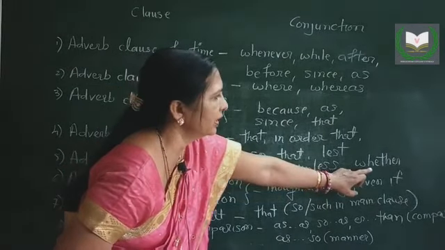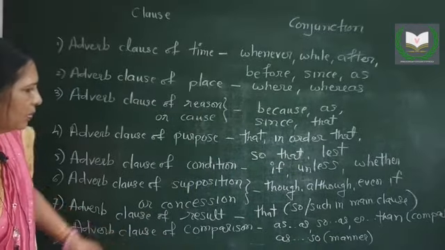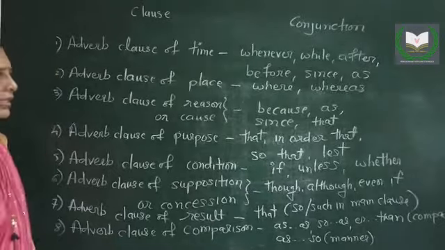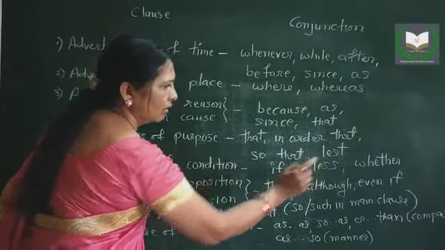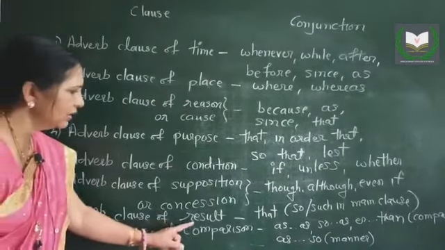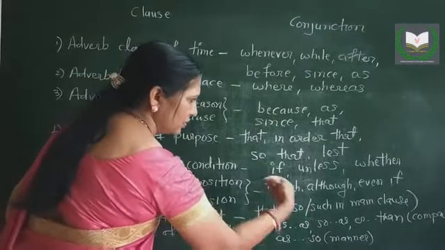Adverb clause of condition, as you already know: if, unless, or whether. And be careful about this spelling. It is WHA. Then adverb clause of supposition, or it is also called adverb clause of concession, which uses though, although, or even if. Next is adverb clause of result. That, so.